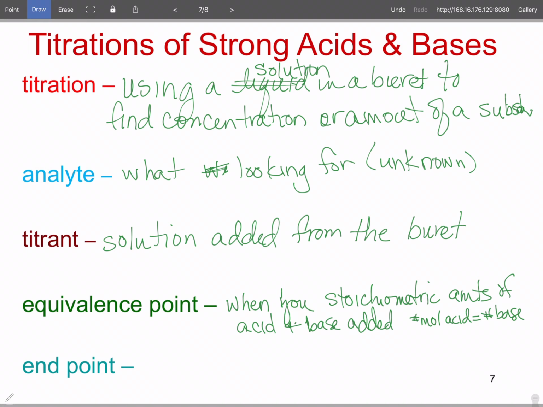That's where you have reacted the moles to moles, which is different from the end point, which you hope are the same thing. But the end point is when the indicator changes color. And that's why you want to pick an indicator that shows your equivalence point. Okay, so the end point is when you're done. You've hit the color change. It's usually color change. Versus the equivalence point, which is when your moles equal your moles.